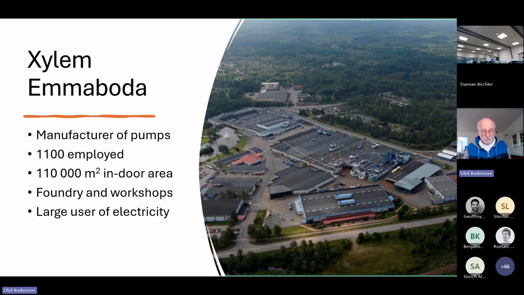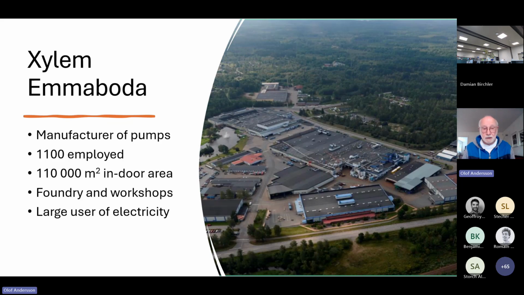Well, Xylem Emmaboda is a manufacturer of pumps. It used to be Flygt pumps. They are more famous for that, maybe, that trademark. It's quite a big industry with 1,100 employed, and the indoor area is 110 square meters.